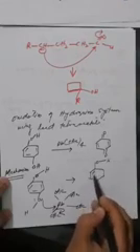It attacks on this lead, then one of the acetate ions leaves, and you get this. Oxygen is now bearing positive charge. When this oxygen attacks on this lead, acetate ion leaves, oxygen gets positive charge.